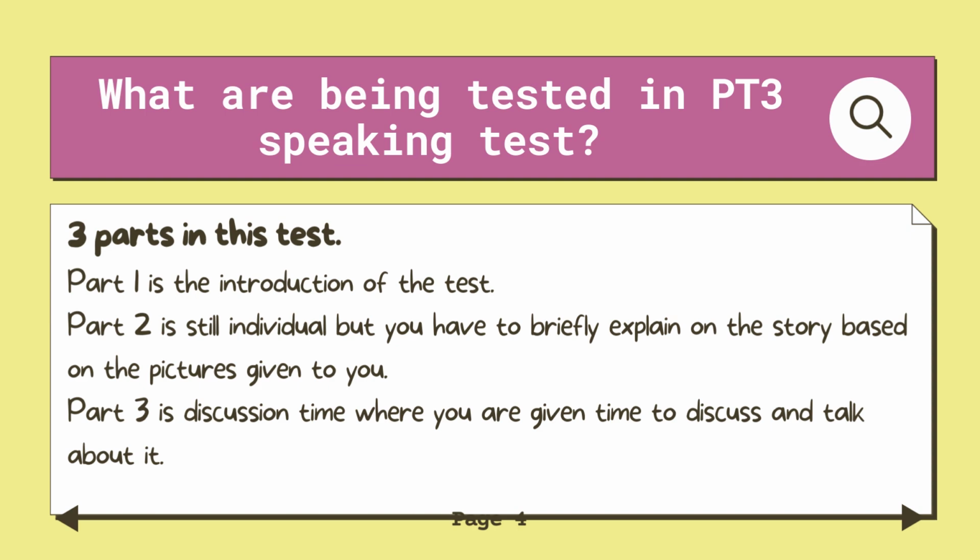So that is part one. Part one is basically asking about your personal details. How do you go to school is related to you. And then part two is still an individual task, but you have to briefly explain the story based on the pictures given to you.